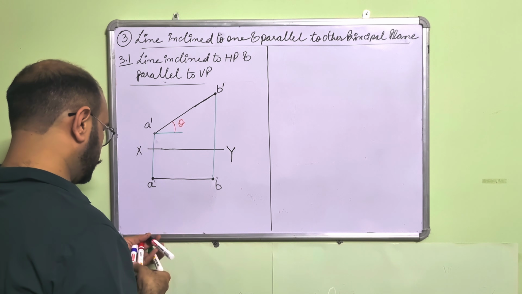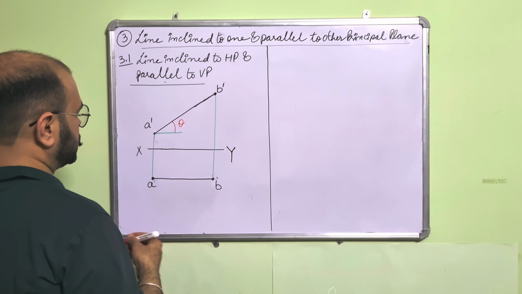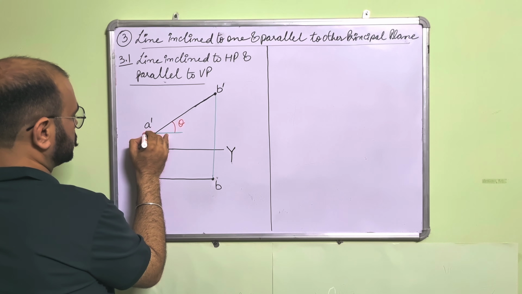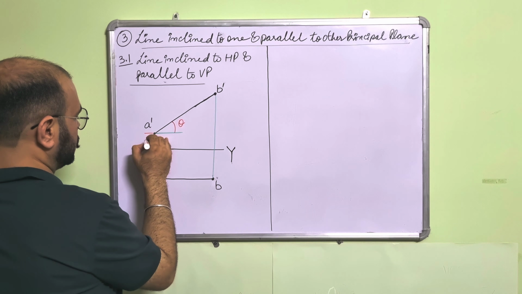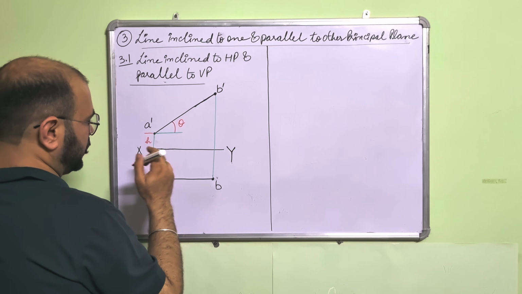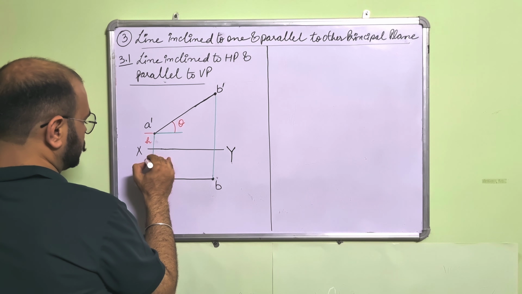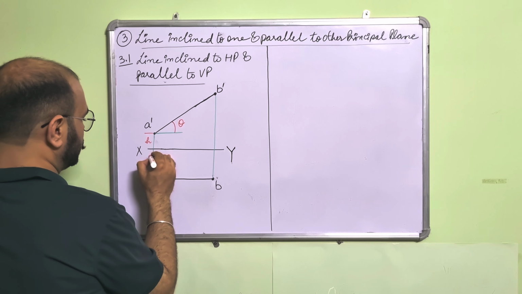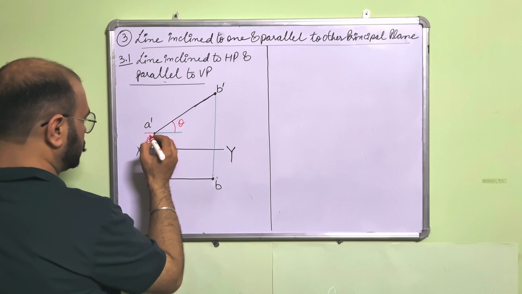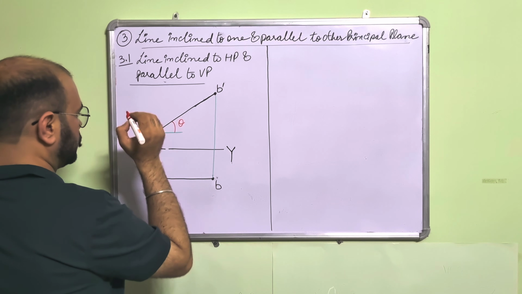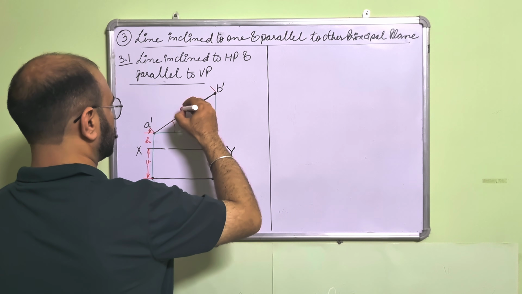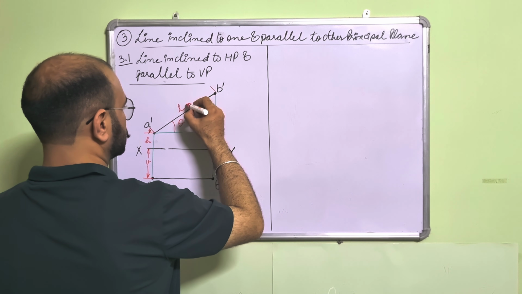The rest will remain the same, but in this case the distance from one of the corners will be given to you. Like here, we are considering the distance from A. This is H, the distance of A from HP is H, the distance of A from VP is small v, this is V. Then this is L again, the length of line.